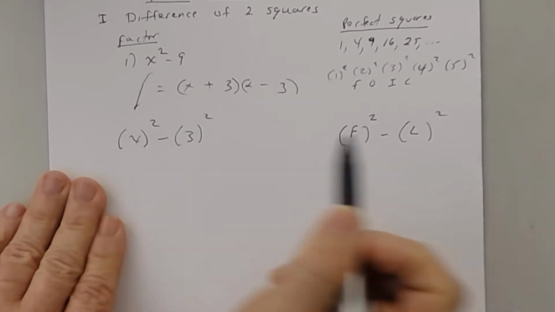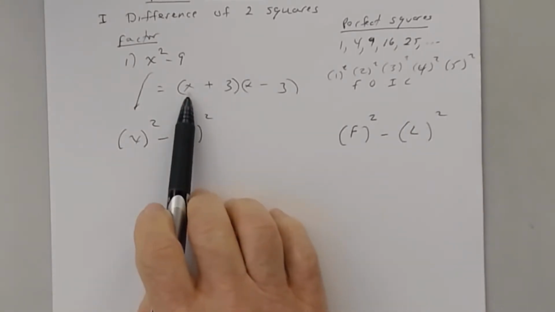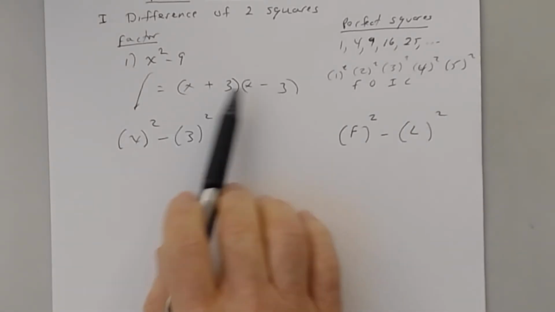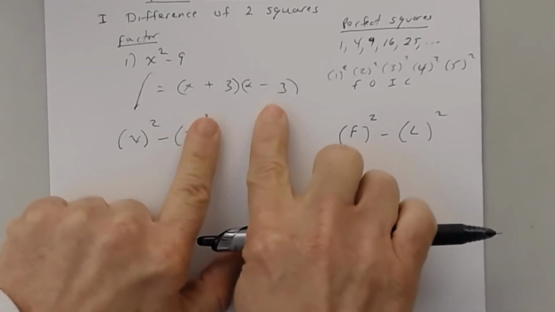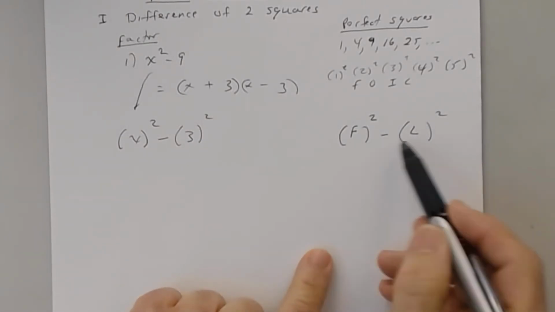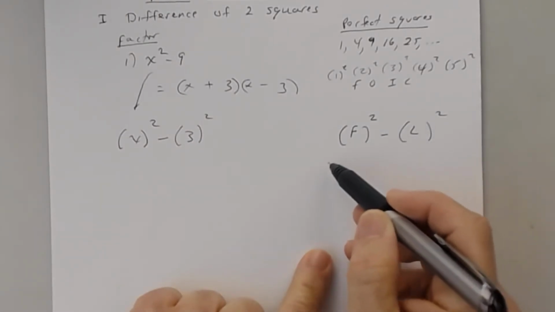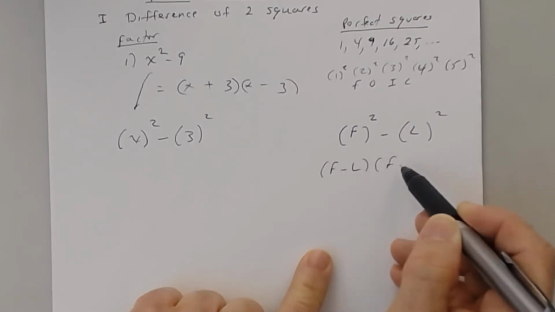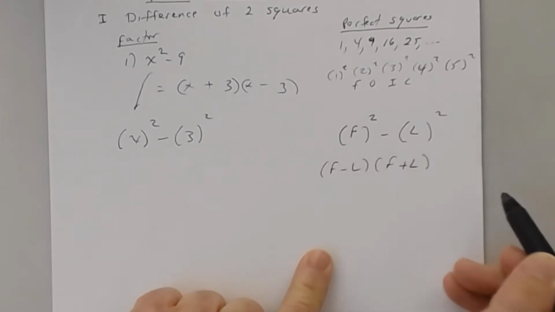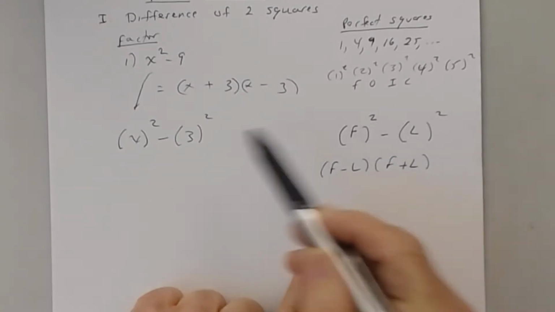Now notice what happens. You see how I have x plus 3 times x minus 3? The first terms are alike, the last terms are alike, except what's the difference? The signs. And so when I have the difference of 2 squares, I can factor it as F minus L times F plus L. That's what I have here.